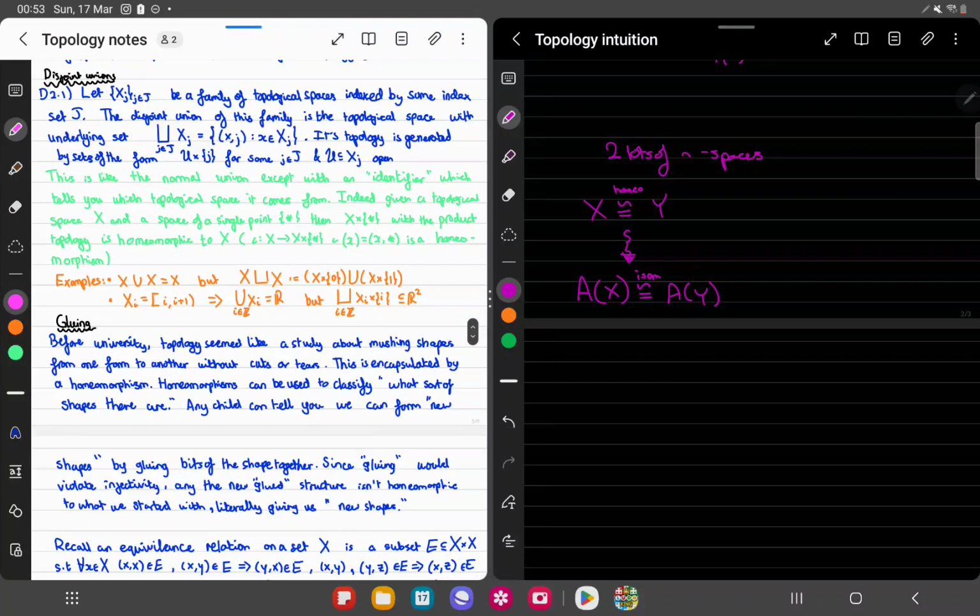So there are some examples here. X union X is just the set X, but the disjoint union is like taking the union of two disjoint copies of X: X indexed by 0, and X indexed by 1. There's also another example, which is taking half open intervals.